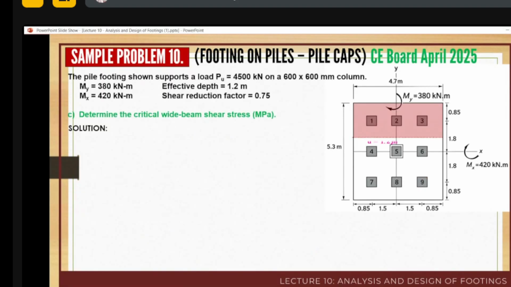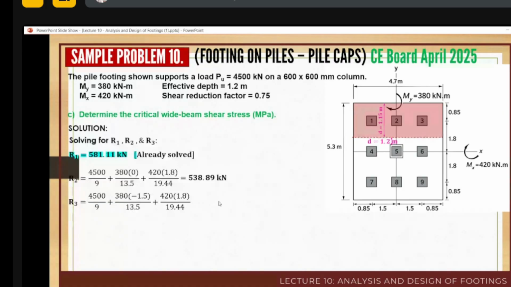Then for the critical wide beam shear, the maximum is 581.11.